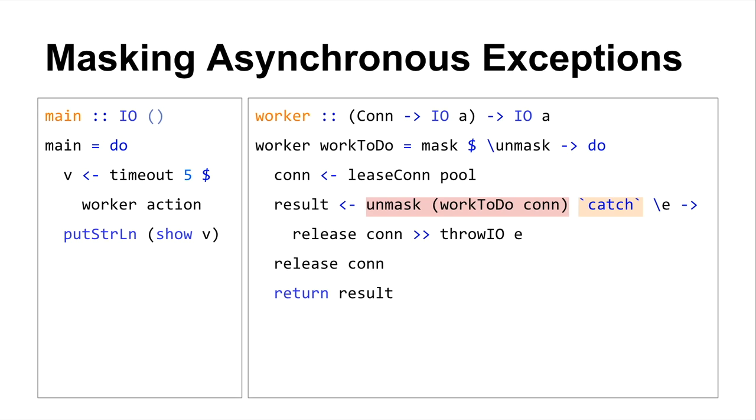My laser pointer doesn't work on screen. Anyways, I would unmask at this point. The asynchronously delivered exception would be raised here. The handler that I'd installed using catch would run, and then I'd have a chance to release and rethrow the error. So I wouldn't actually hit here and here. It wouldn't matter. I'd rethrow the error and my program would terminate. But at least I could release that.